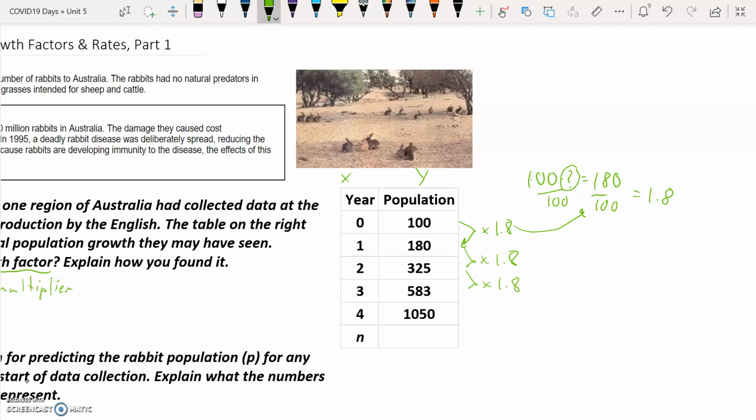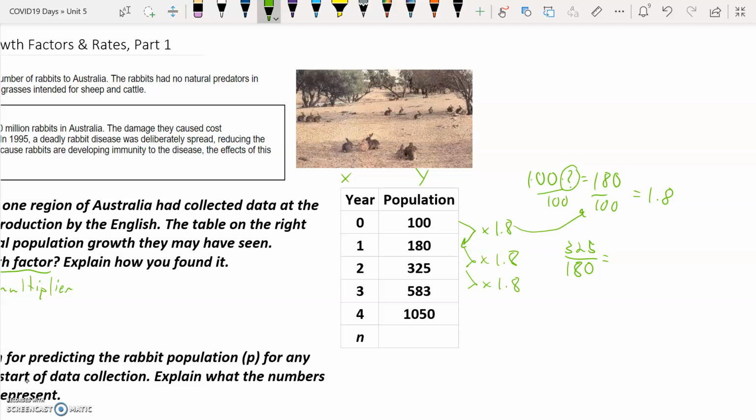And so now I'm showing that each one of these you're multiplying by 1.8. This data is like scientific experimental field data collected from an actual rabbit population, so it's not quite perfect, and we're kind of doing a best fit line.